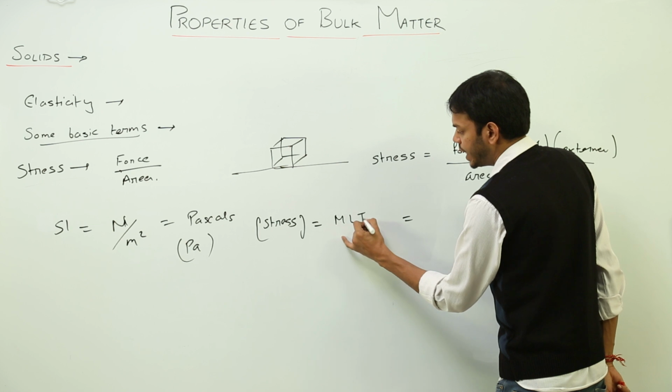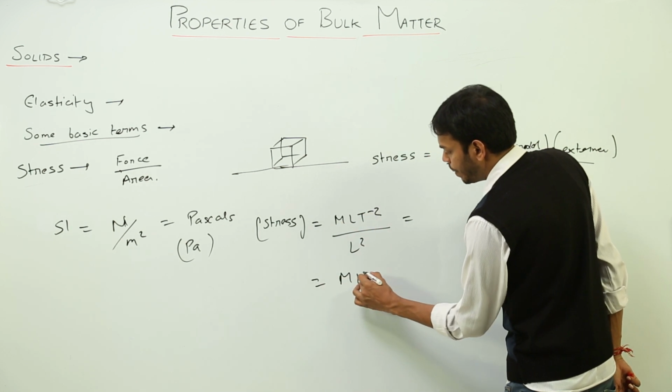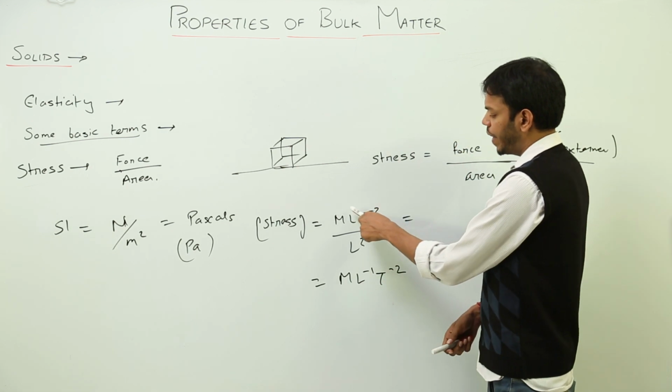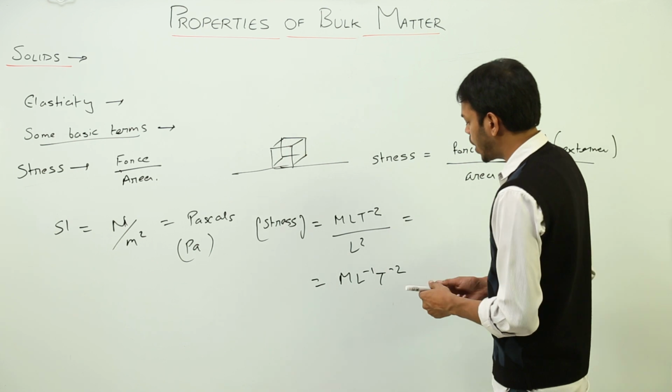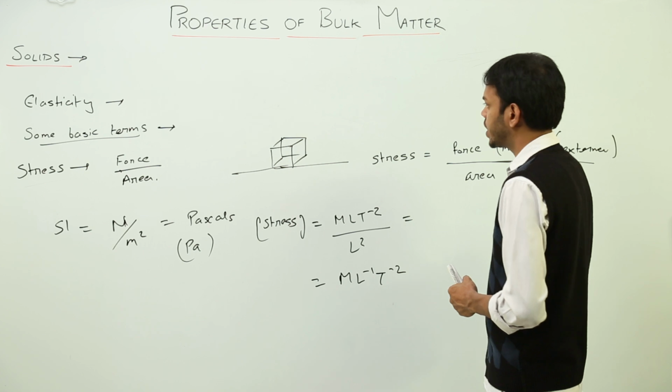Force is MLT minus 2, area is L square, we get M L minus 1 T minus 2, right? L to the power 1 minus 2 becomes minus 1. So M L minus 1 T minus 2, this is the dimensional formula of stress.